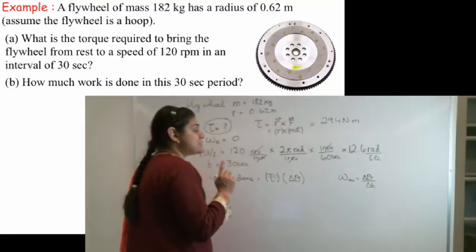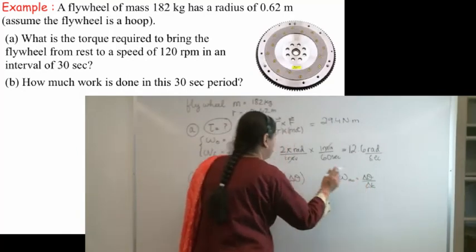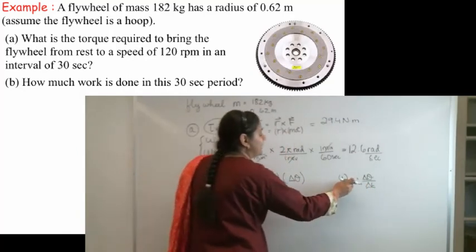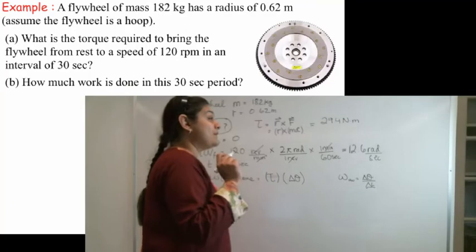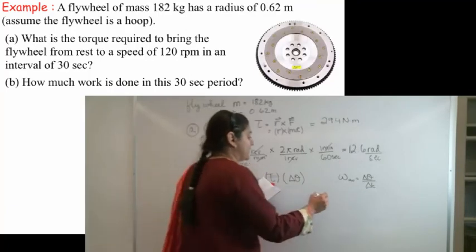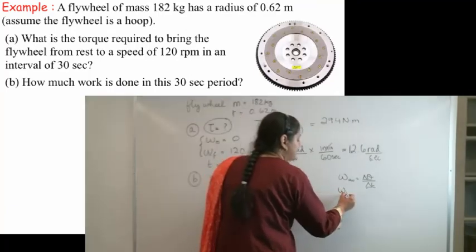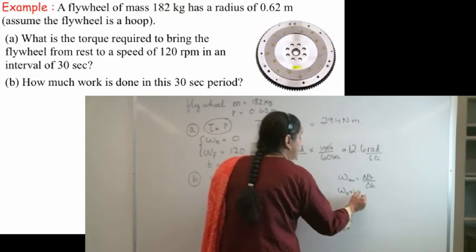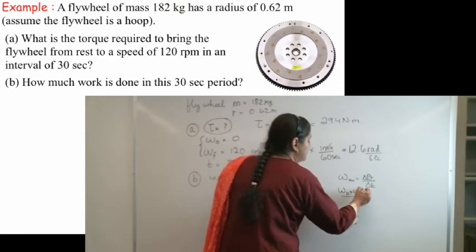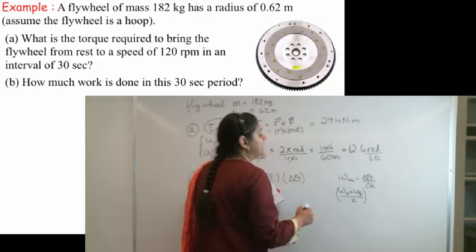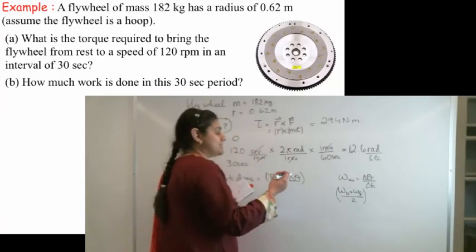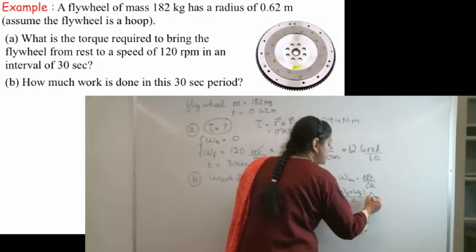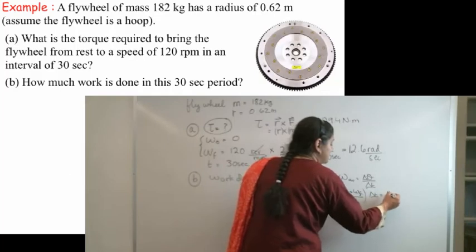So this means the change in time is given to me, which is 30 seconds, and omega average I can calculate. Well, this is interesting. How do I calculate omega average? Simple. Omega 0 plus omega final divided by 2 will give me my average angular velocity, times delta t will give me delta theta.